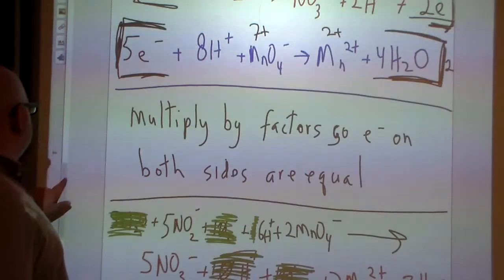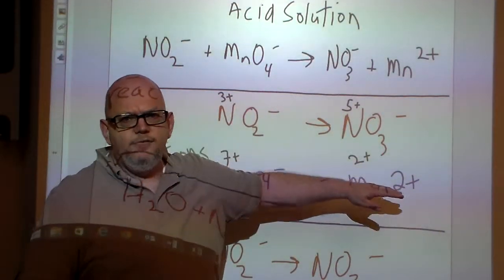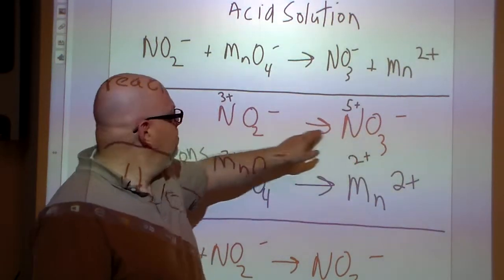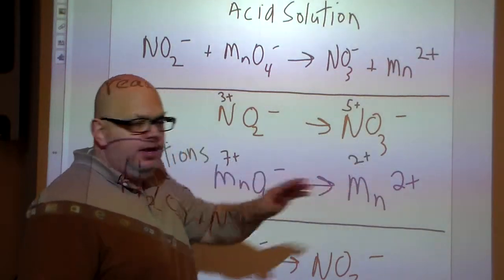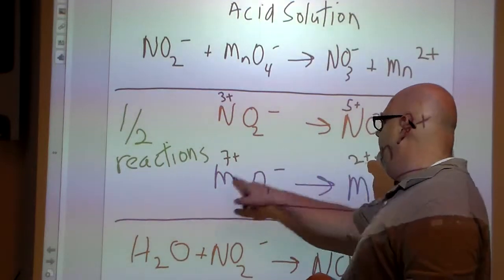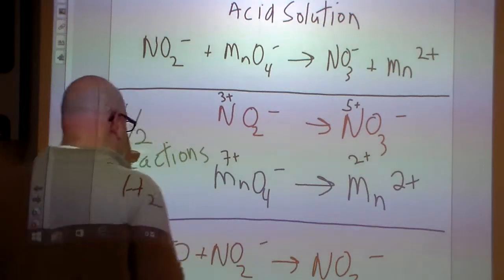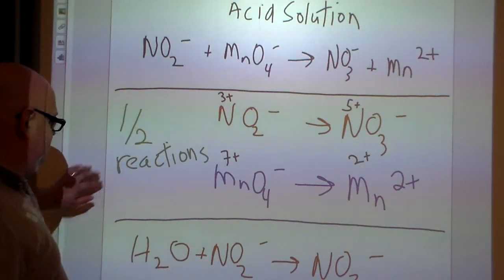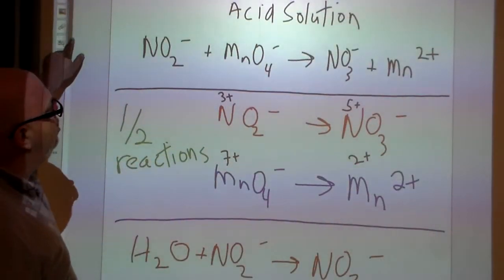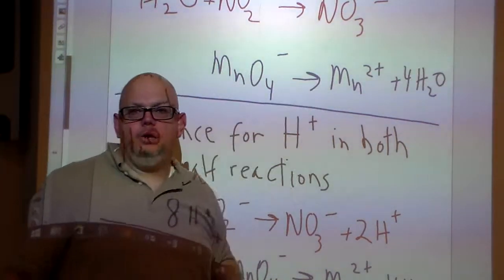Some key things to look at when you're going through. You do your half reactions. You figure out what the charges are on the main things, not the oxygens. But look at your main elements here, not worried about the hydrogen or the oxygen or the water. Then we add water to account for the oxygens.